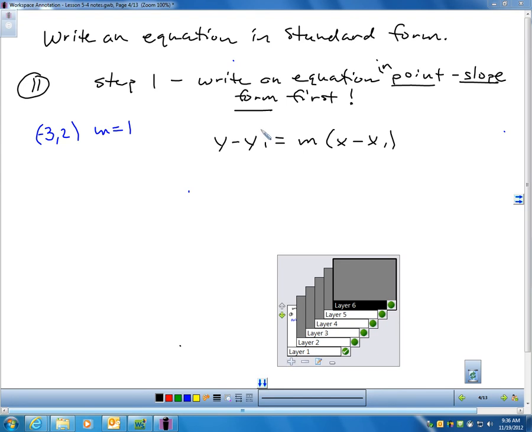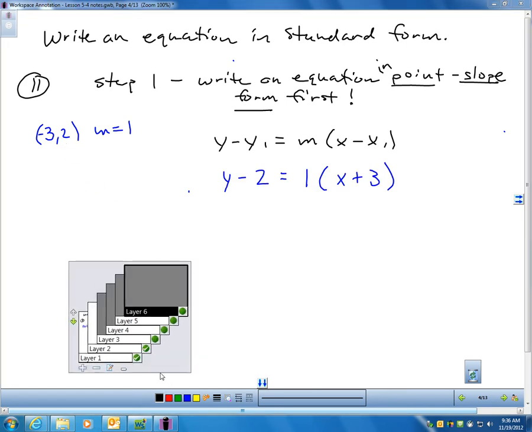So, let's say in question 11, the directions are to write an equation in standard form of the line that passes through the given point and has the given slope, or that passes through the 2 points. In question 11, they give me a point and they give me a slope. So I start off in point-slope form. I have a point and slope. So my point, remember, let's just review that.